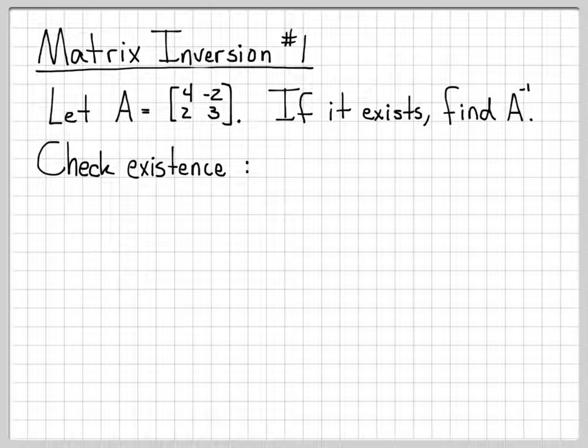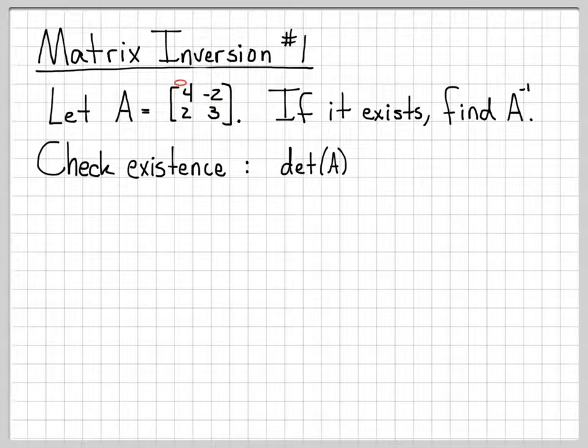If we compute the determinant of the matrix and the determinant is non-zero, then we know that the inverse exists. So let's go ahead and compute the determinant of A. In dealing with 2 by 2 matrices, computing the determinant is pretty easy. It's just this element times this element minus this element times this element.